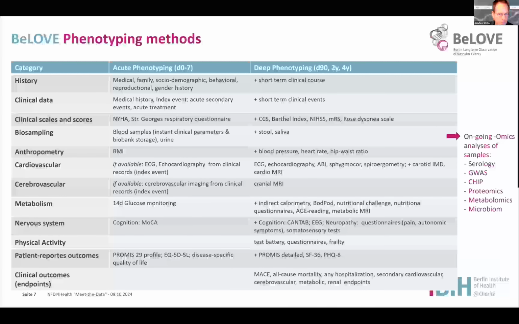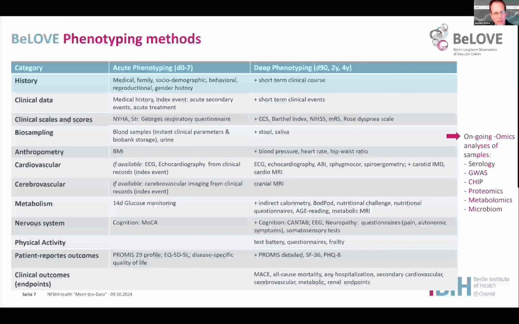On this table, you can see a very rough overview of the most important examinations and consecutively the data at the time of recruitment, but also in the deep phenotyping program after 90 days and during the course of the study.